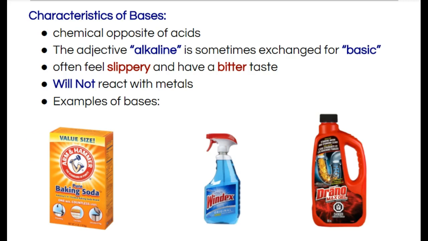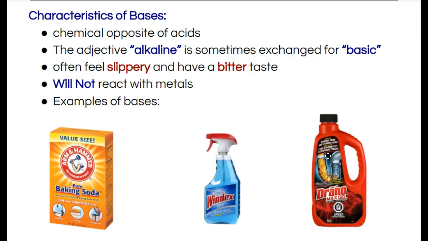Now, interestingly enough, one point of difference between acids and bases is that an acid will react with metals, like the iron nail that I mentioned, but bases will not. That's part of the reason that we use Drano, which is a very, very strong base, to unclog drains. If your drain is made of metal, you want to be able to unclog the big chunk of hair or whatever it is that's blocking your drain.